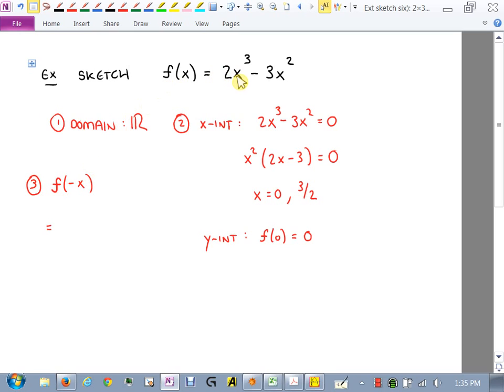What happens if I take negative x and cube it? Will it be positive or negative? It'll be negative, so this will be negative 2x cubed. What happens if I plug negative x in here and square it? It's positive, right? So this will just be negative 3x squared. The question is, is this the same as this exactly?